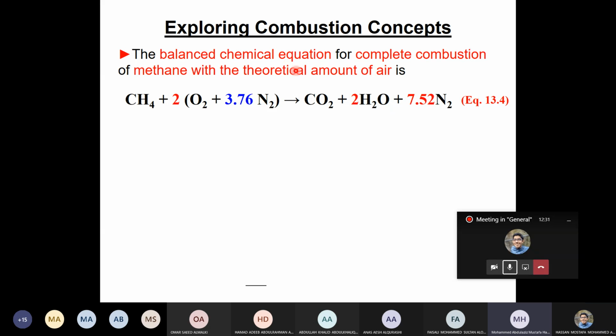Okay, so what we learned from the previous class is the main thing I wanted from you: how to write a reaction equation. This reaction equation will depend.